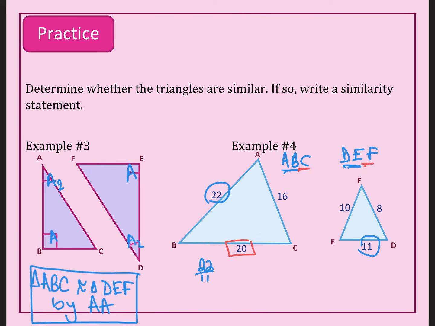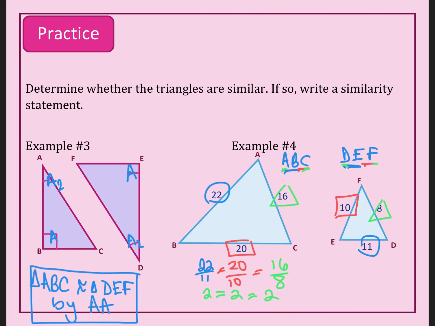And the last one we're going to do is AC with DF. This one's probably a little bit tricky, okay? AC, DF. So 16 over 8. And if I were to divide each of these, guess what?